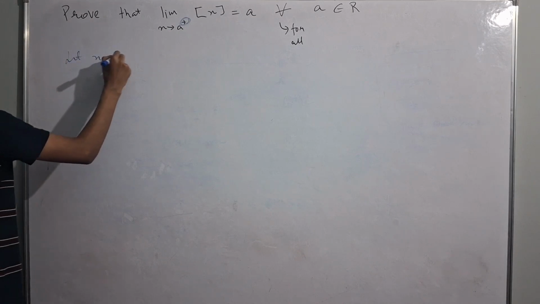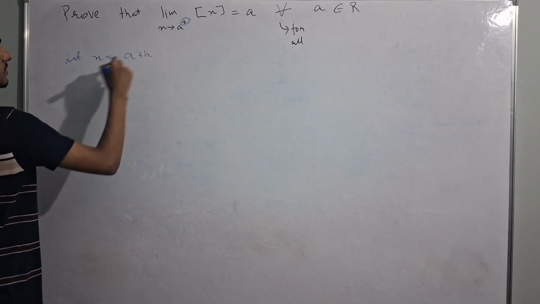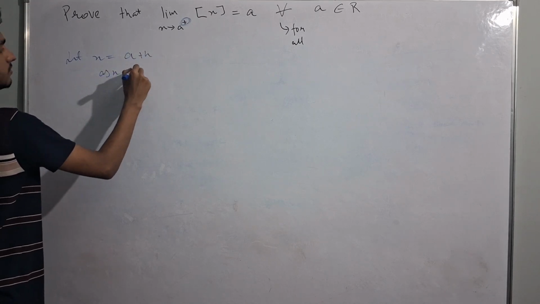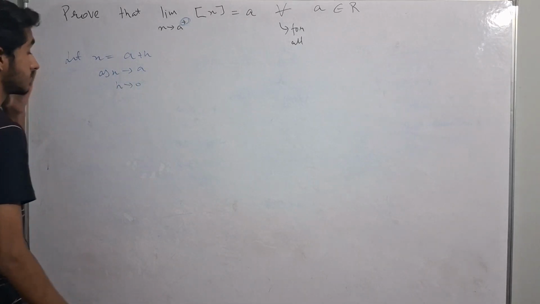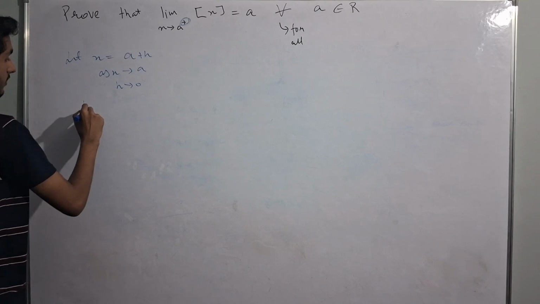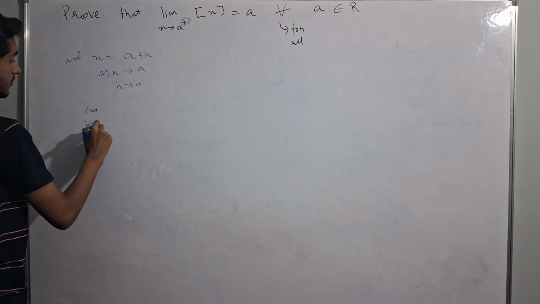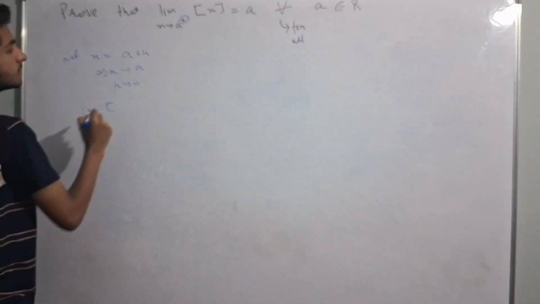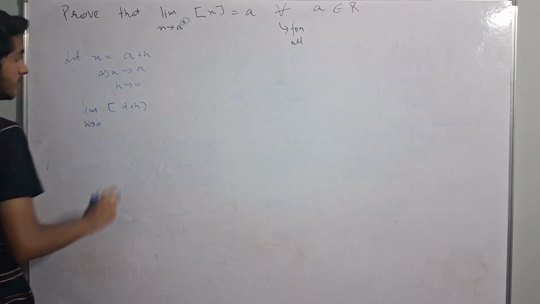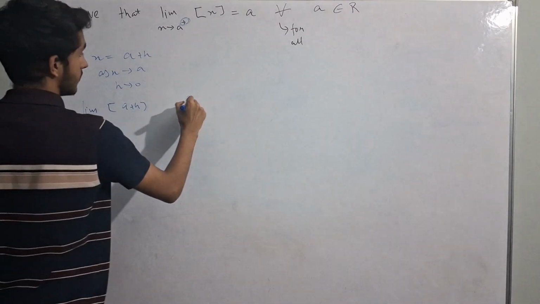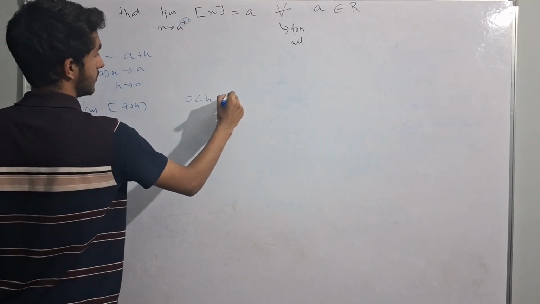Let x is equal to a plus h, as x tends to a, h tends to 0. So we can write limit h tends to 0 of the greatest integer of a plus h. Here we know h is greater than 0 but less than 1.